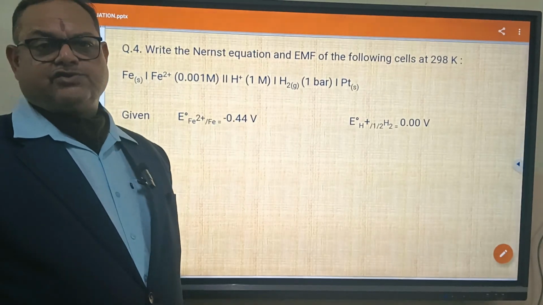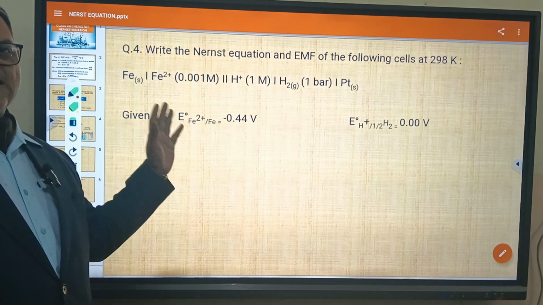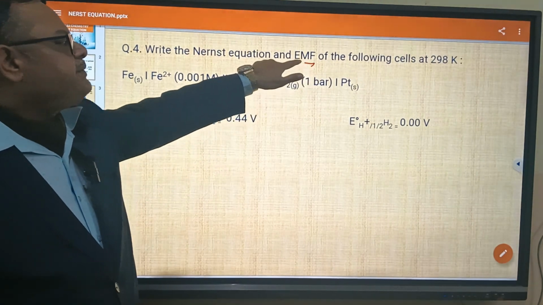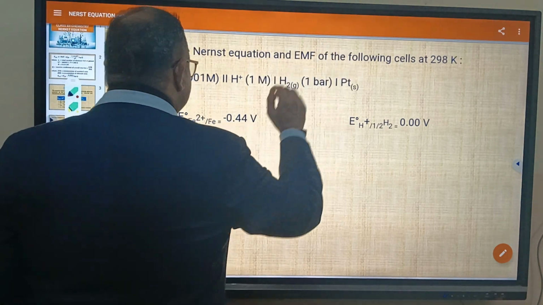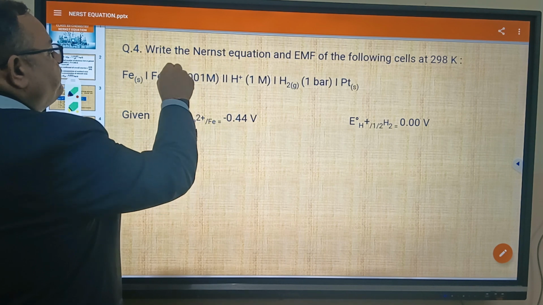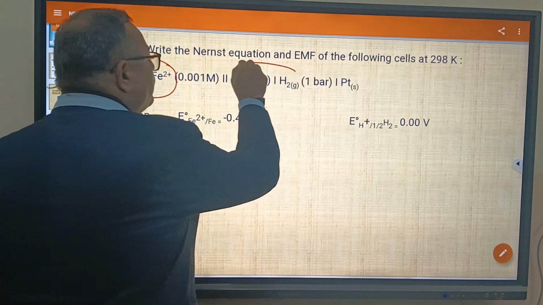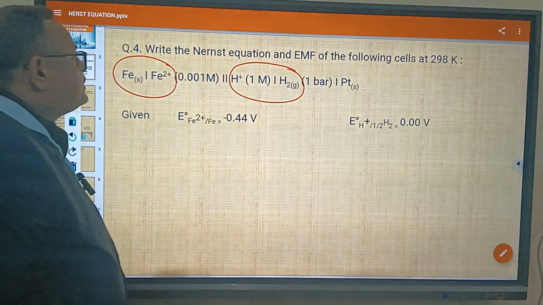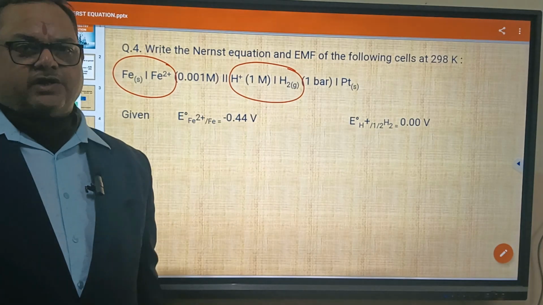Moving on to the next question, children. As you see, this question also asks us to calculate the EMF of the solution. But the question is special in two ways. First thing is, we have different charges on the anode ion and on the cathode ion. Say iron has 2 plus and hydrogen has 1 plus charge only.